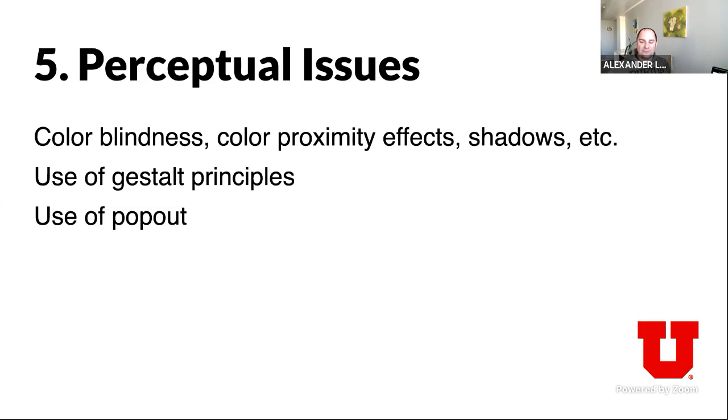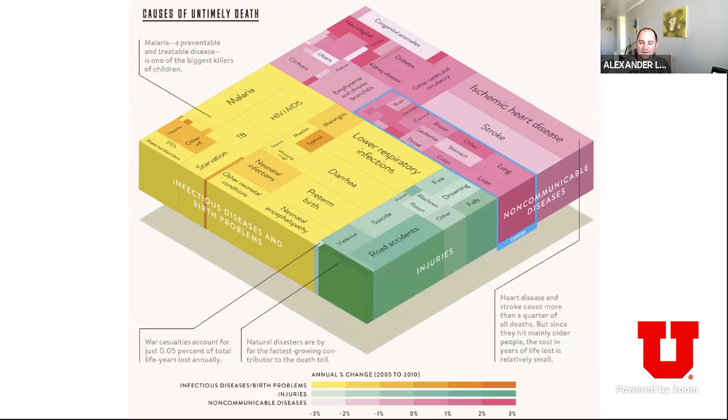Are there any color proximity effects? Remember, color proximity would be, if I go back to this chart again, does this here appear lighter than, let's say, this here, because in the neighborhood of the stomach cancer there are a lot of other dark elements?